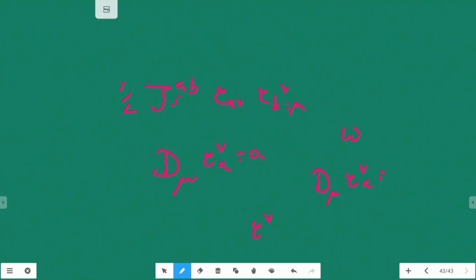This will give you E_ν^A comma μ plus Γ^σ_μα E_α^A, that is the usual Christoffel connection acting on the vector index, plus a spinor connection acting on the A index. So it will be something like ω_μ^BA into E_ν^B. I require this to be 0, where ω_BA is the spinor connection.